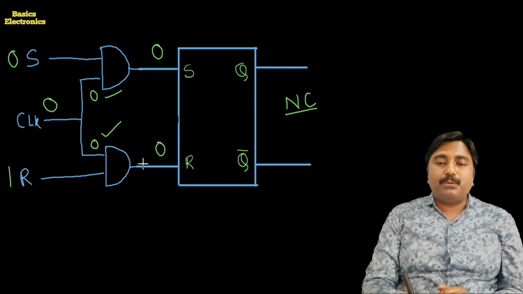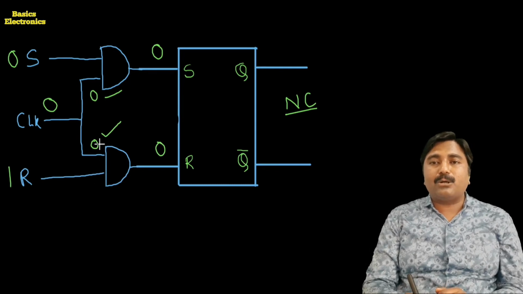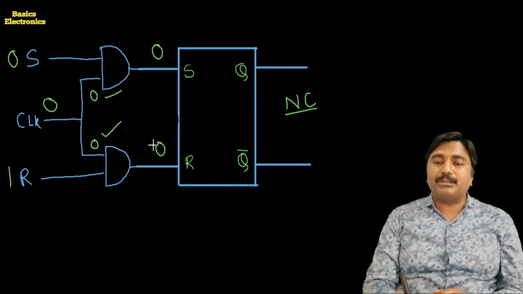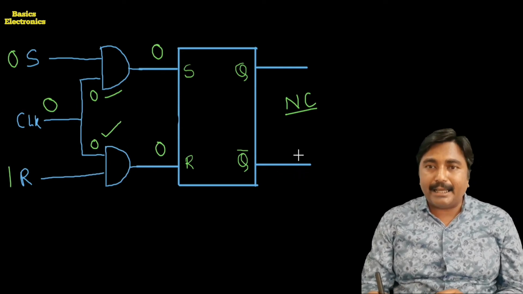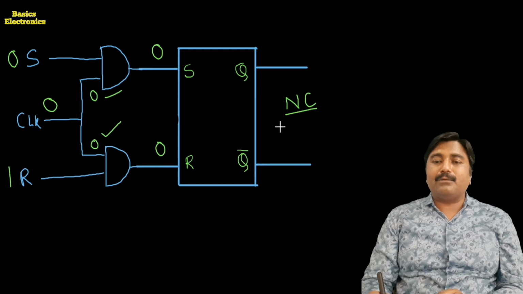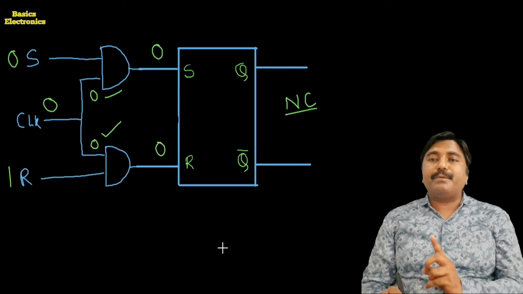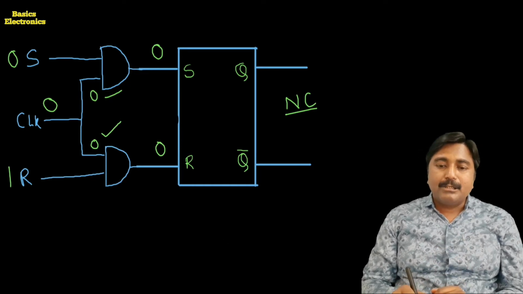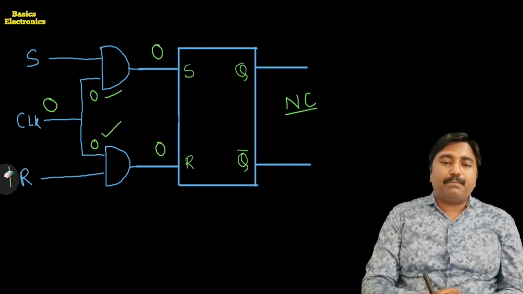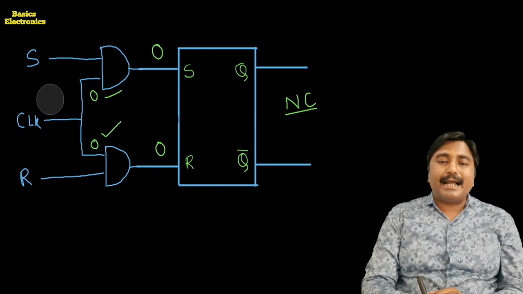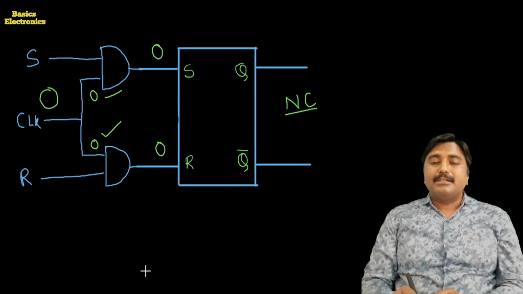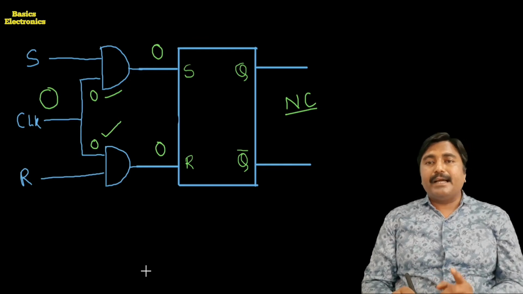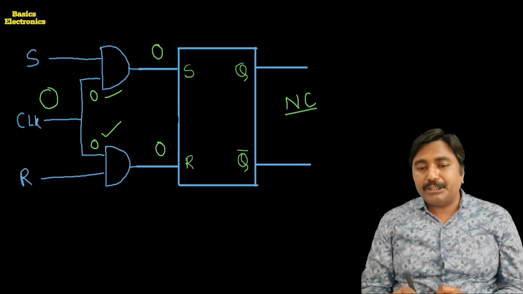Because one input of the lower gate, which is the clock input, is equal to 0, so its output is low, which means the flip-flop gets in the no change condition. So whatever input we apply to the S and R inputs, if the clock pulse is low, there is a no change condition.